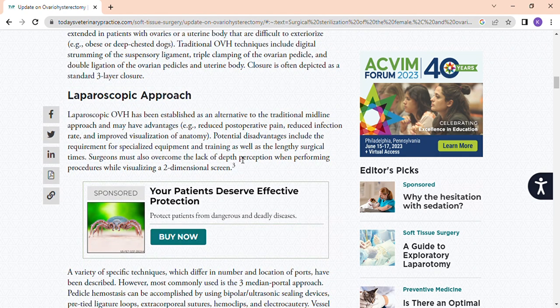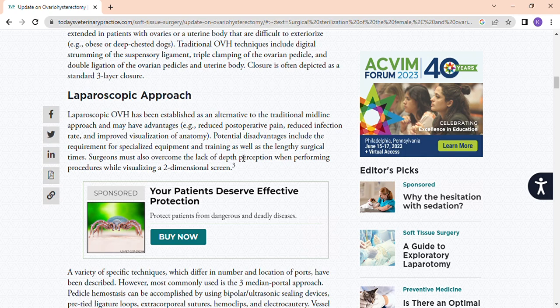Laparoscopic approach. Laparoscopic OVH has been established as an alternative to the traditional midline approach and may have advantages, for example reduced post-operative pain, reduced infection rate, and improved visualization of anatomy. These are three benefits of the laparoscopic approach.